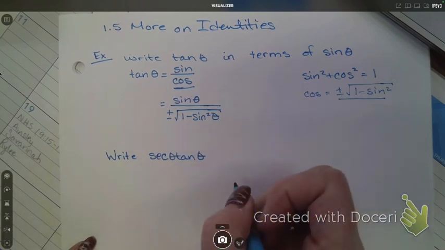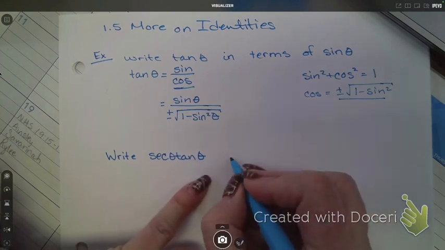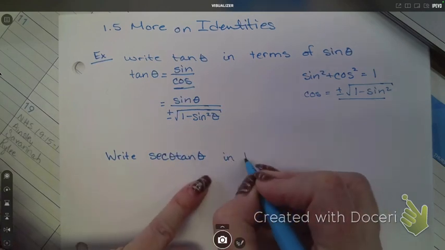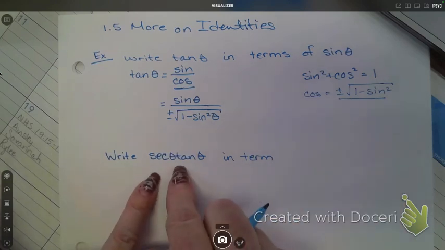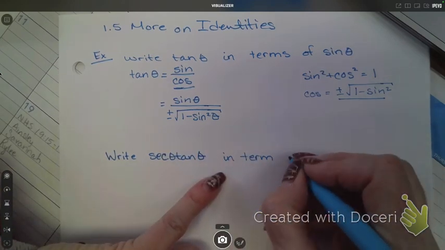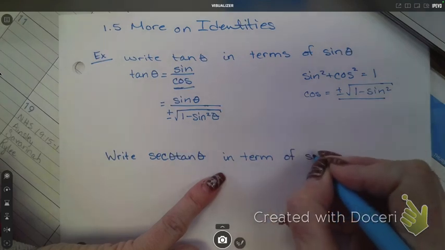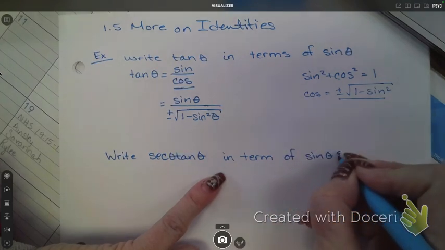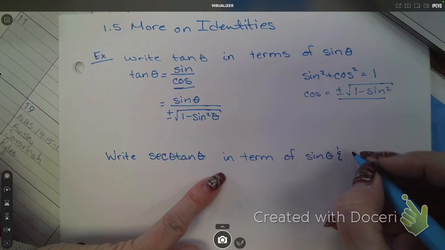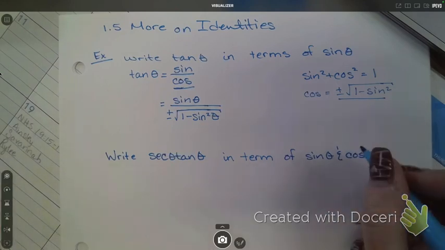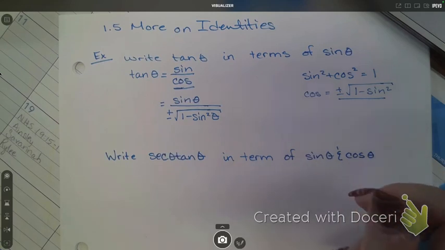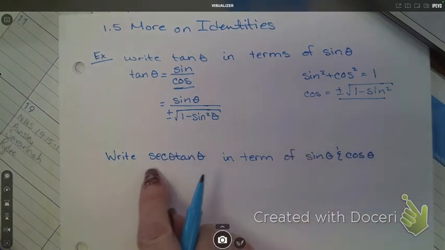Okay, right. Secant tangent, in terms of sine and cosine. It's just secant times tangent. Can I put parentheses? If you want. If your brain needs it, go for it. Okay, so I have secant tangent.